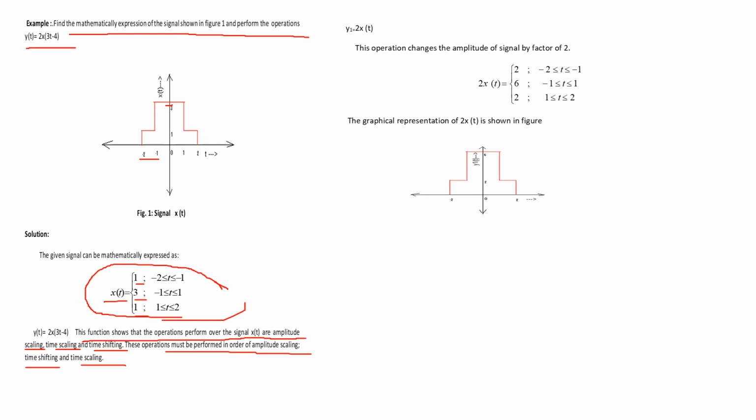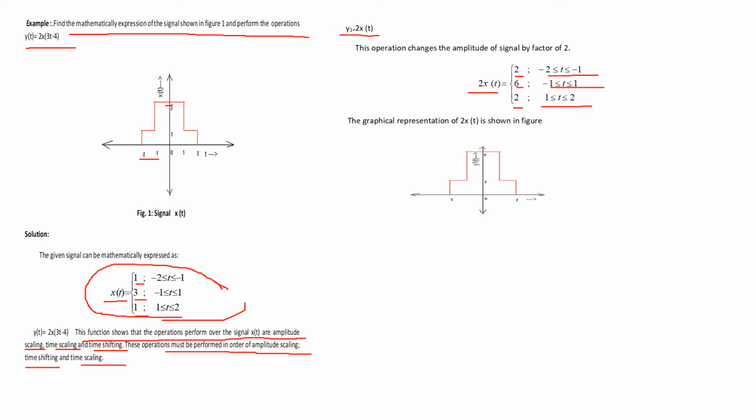So first we do the amplitude scaling, that is y1 of t equal to 2 into x of t. The amplitude is raised by 2, simply multiplying each value by 2. So 2x of t equals 2 from minus 2 to minus 1, 6 from minus 1 to plus 1, and 2 from 1 to 2, and the graphical representation is like this, just increasing the amplitude by multiplying the initial amplitude by 2.